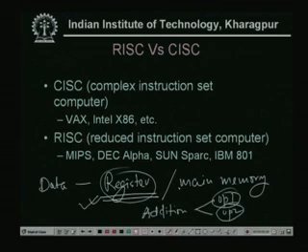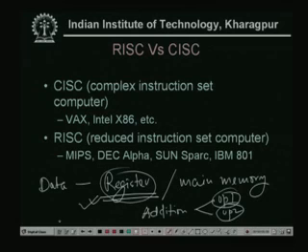So, complexity will increase, hardware will increase, the speed will be less, and it becomes expensive. That is the main difference from the complex instruction set computer, and why the reduced instruction set computers evolved.